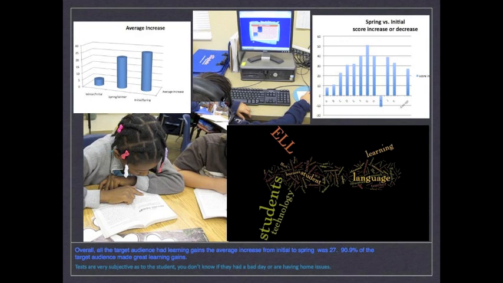Comparing spring testing results to the initial FAIR, 90% of the target audience showed an increase, averaging 27 points.